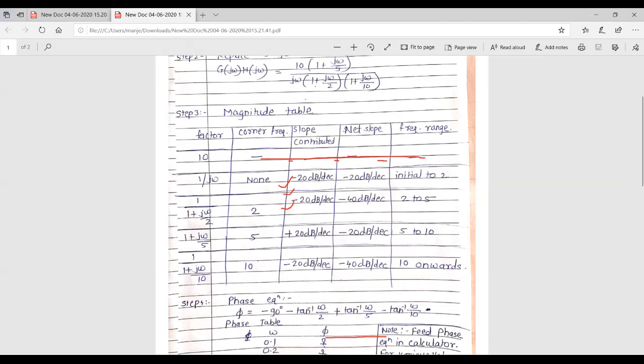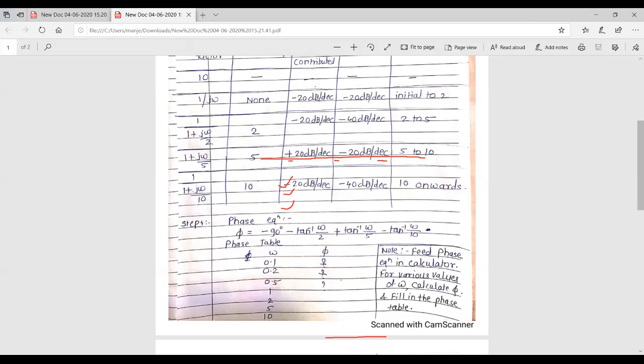That is why it should be written in ascending order of corner frequencies, because for the calculation of net slope, we need to know exactly at which point which factor starts contributing, and that has to be in sequence of corner frequencies. Okay. So once the magnitude table and phase table are clear, you will be able to sketch the magnitude plot and phase plot on semi-log paper.